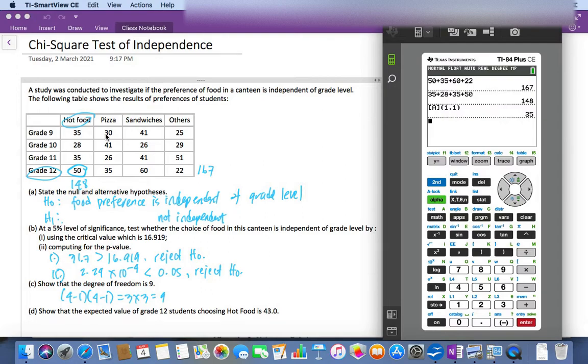So each one has a special name, and I could just go ahead and add all of those in one row, for example.